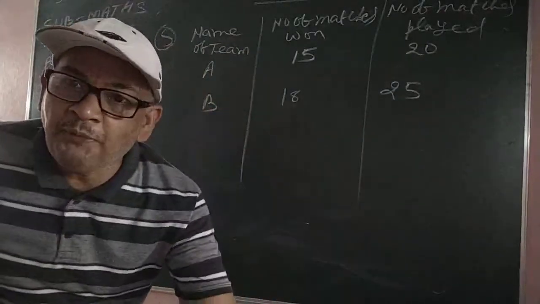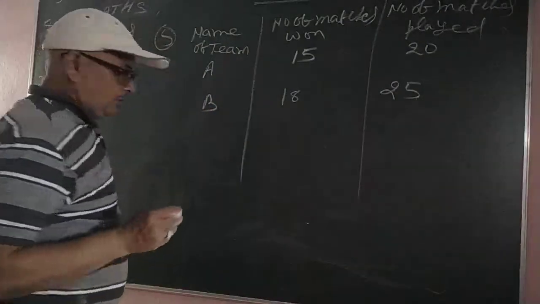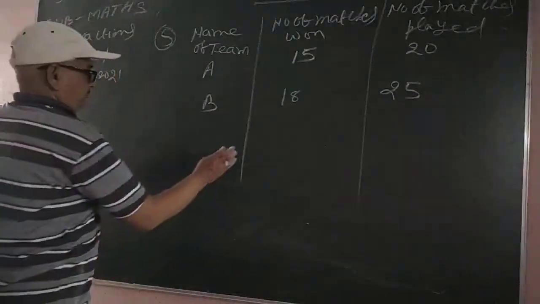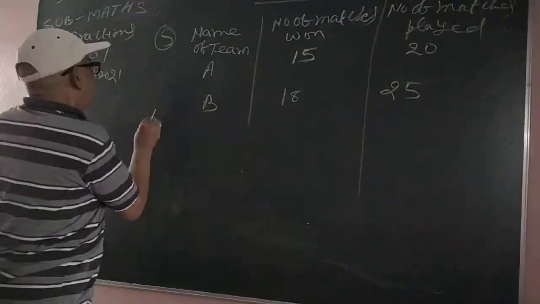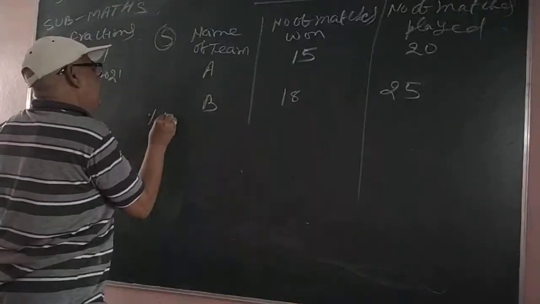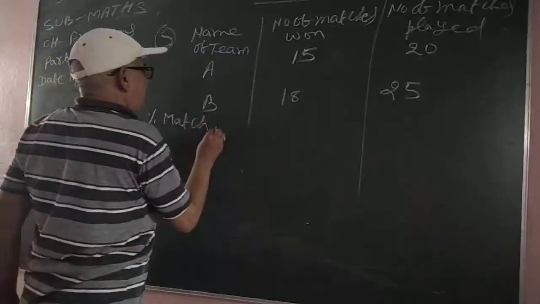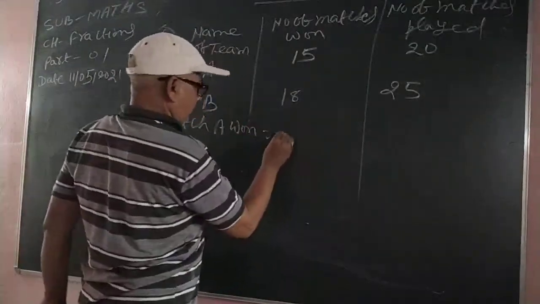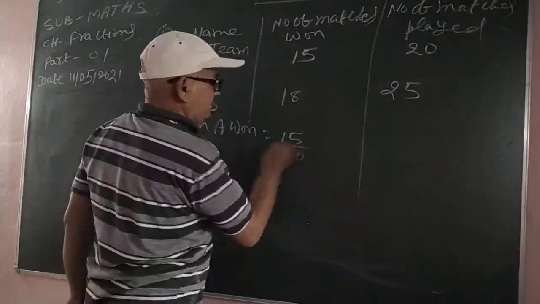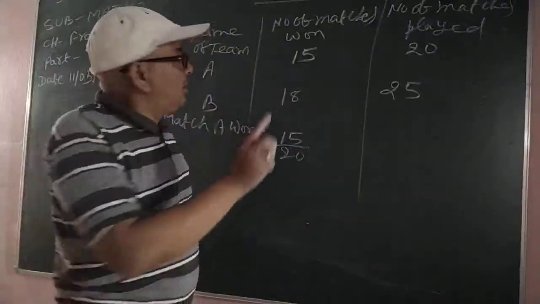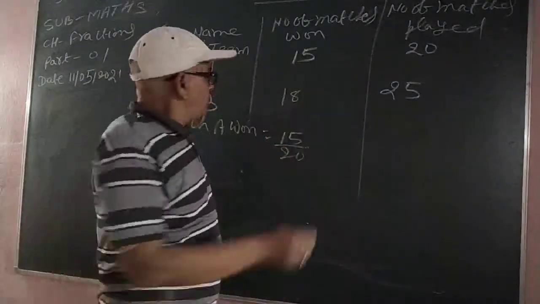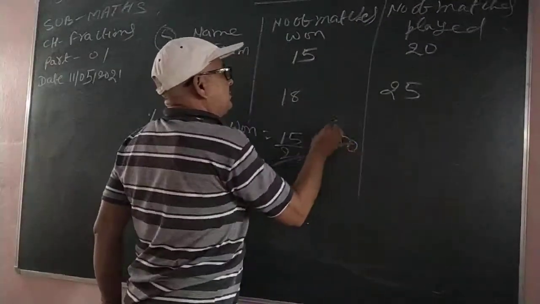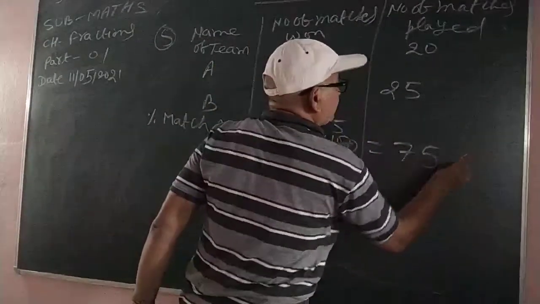So whose performance is better? Please listen, my dear students, what you will do. Percentage of matches won by A is equal to 15 by 20 into 100, which is 75%.